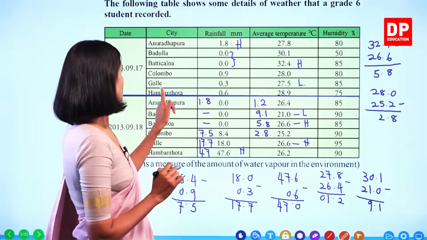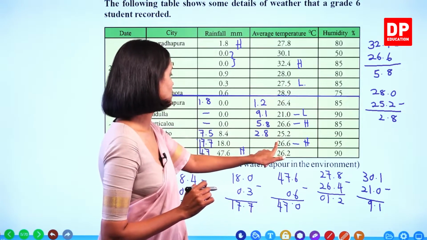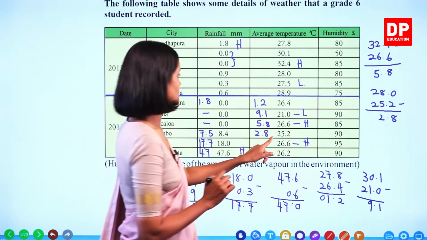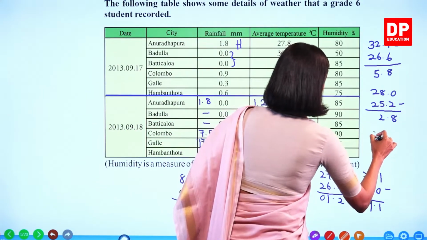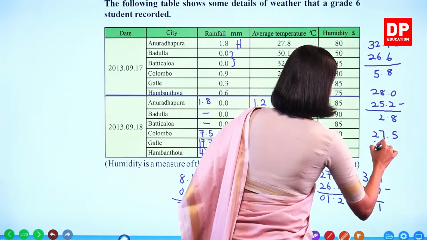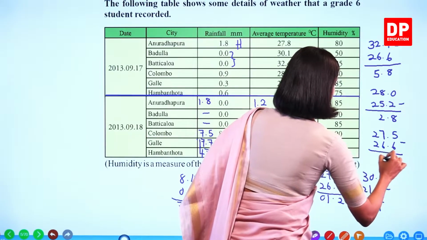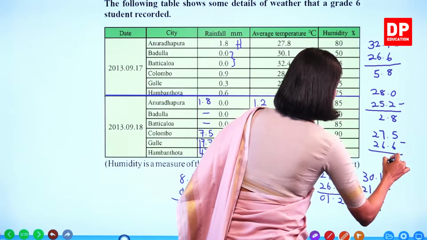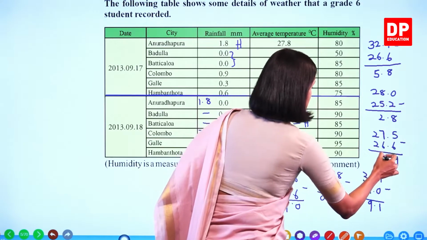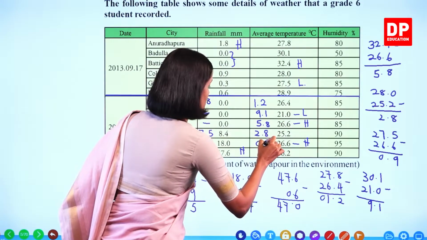Right? Galle, 27.5, here 26.6. 27.5, 26.6. 9, 0. 0.9.